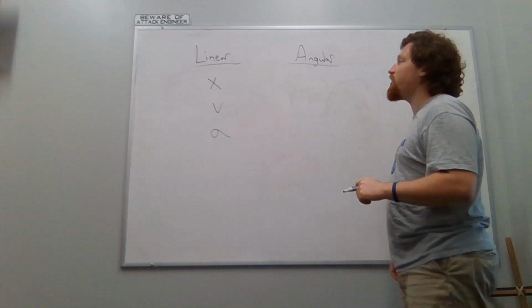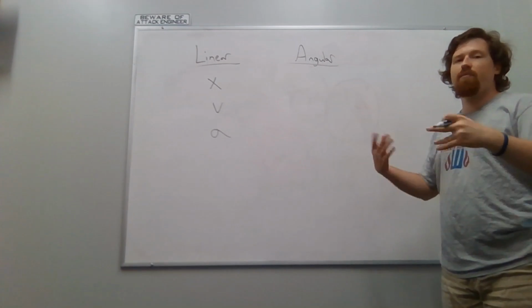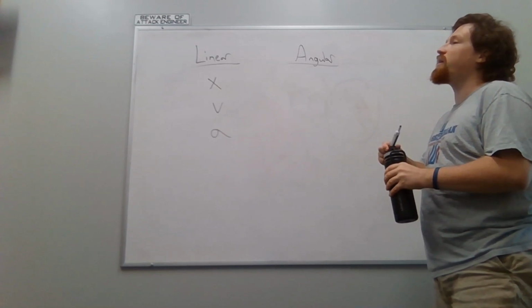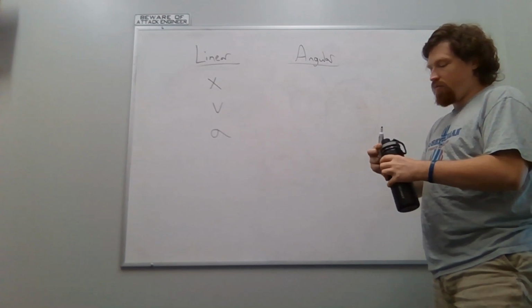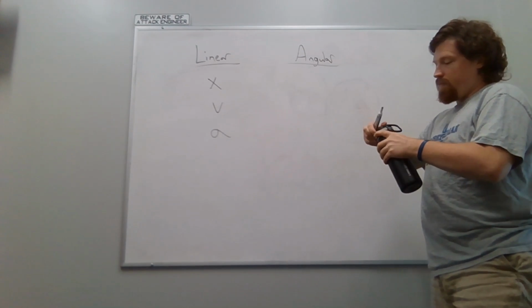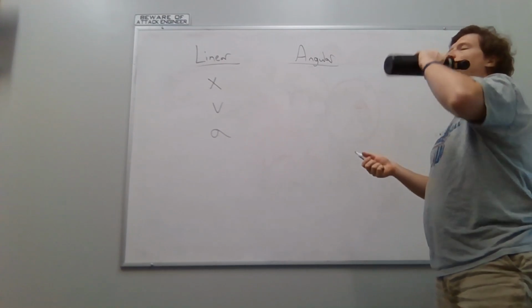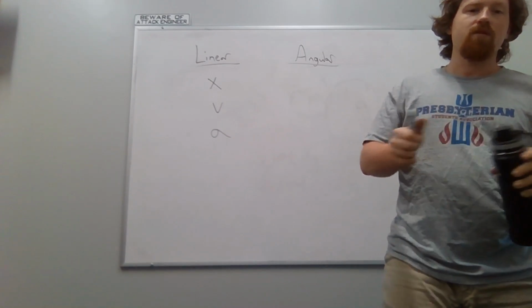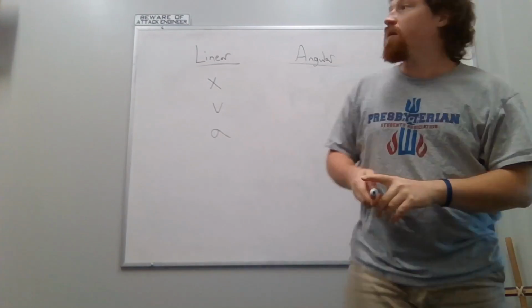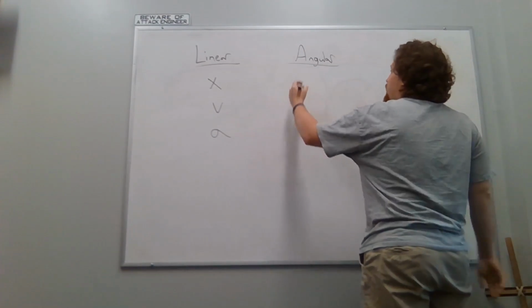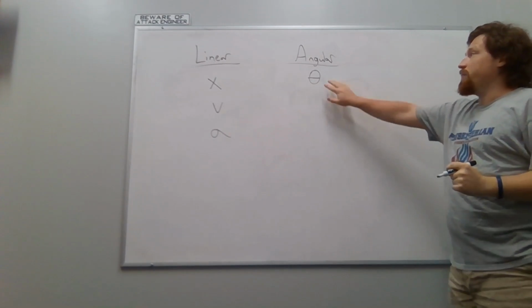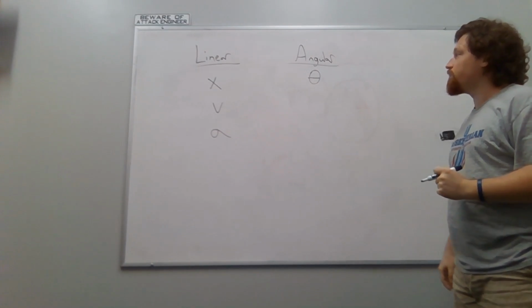These are the three vectors that we have used to describe linear motion. We can use these to describe where everything is and how it is moving in 3D space. Now we're going to begin comparing them to their angular counterparts. The angular counterpart to displacement is angular displacement. We measure that with a theta.